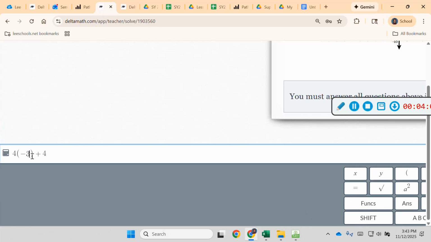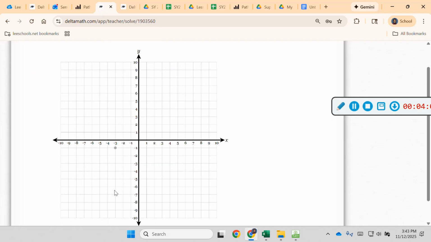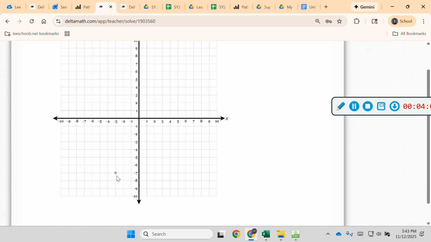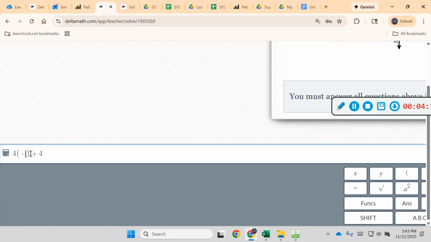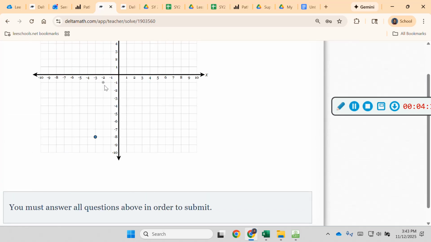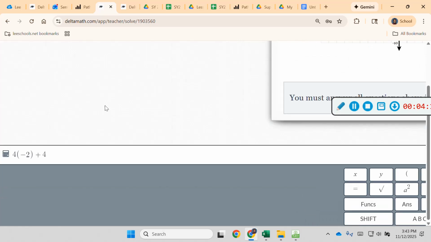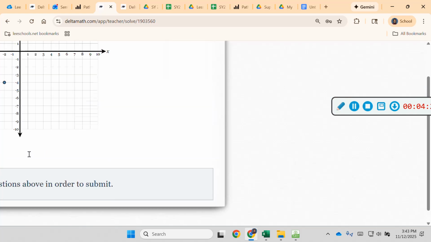Negative 3. I got negative 3 and negative 8. So negative 3, negative 8, that'll be right here. Then I try negative 2, and I get negative 4. So negative 2, negative 4. If I try negative 1, I get 0, so negative 1 and 0.